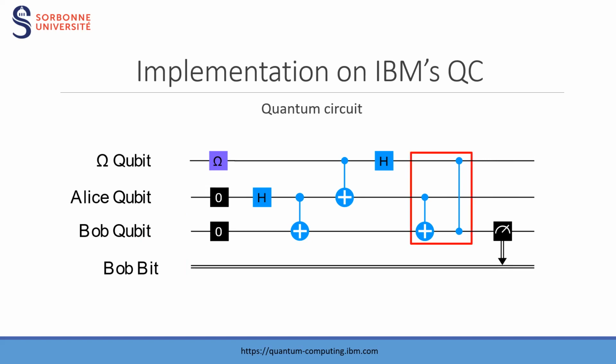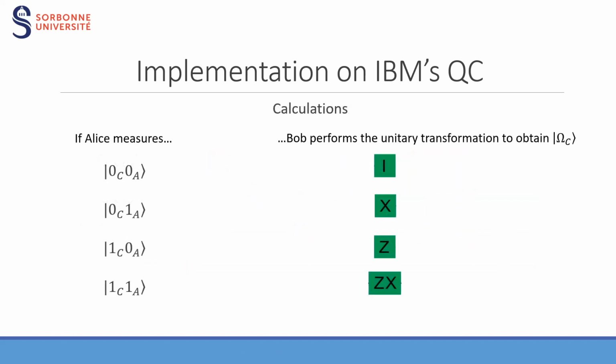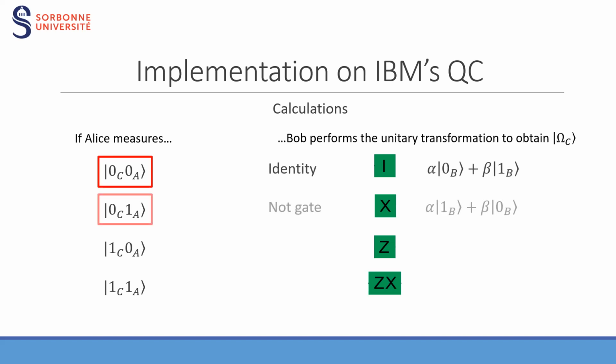To do so, we need a little bit more calculation with the final part of this quantum circuit. Indeed, if we make the same reasoning as before in the computational basis, when Alice measures the state and her qubit, if she obtains 00, Bob will perform an identity transformation.